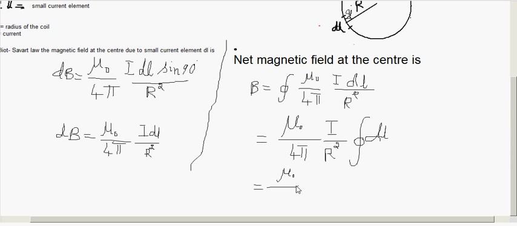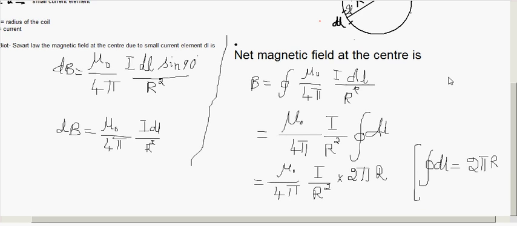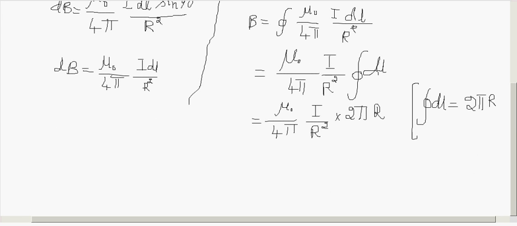So B equals mu naught by 4 pi into I divided by r square into 2 pi r. Now simplify this. One r will get cancelled.